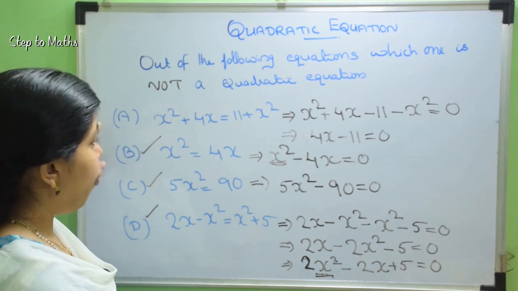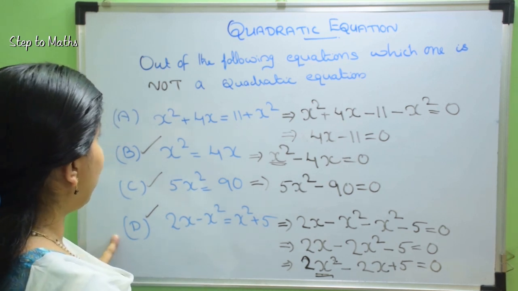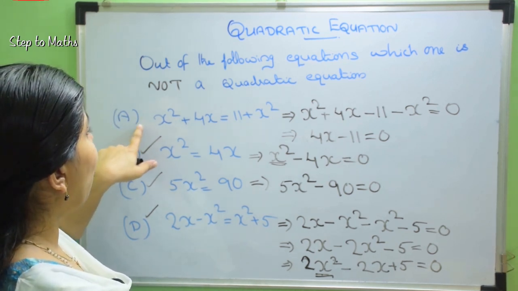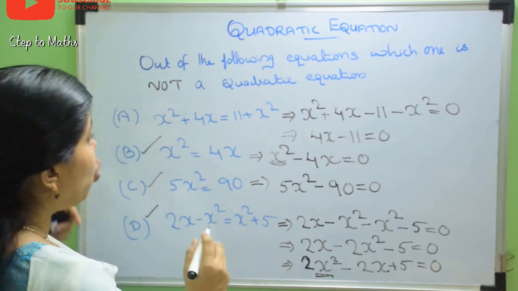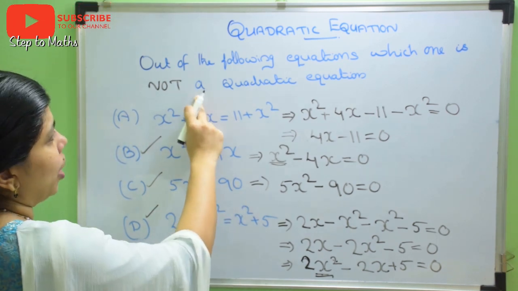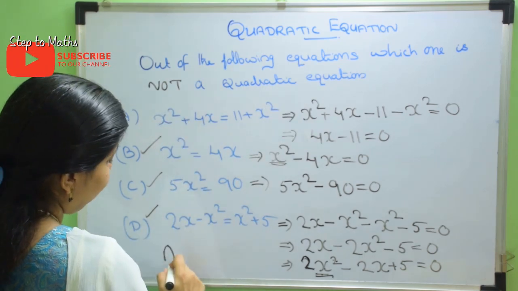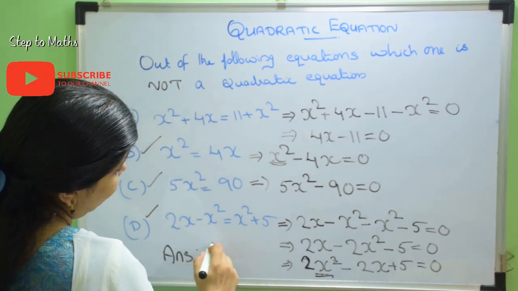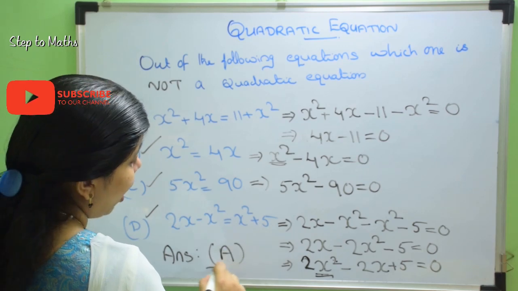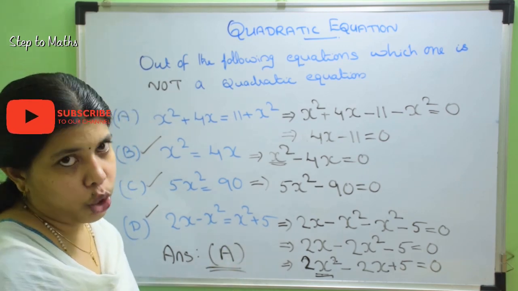That means from the given equations, equation number A is not a quadratic equation. Out of the following equations, equation A is not a quadratic equation.